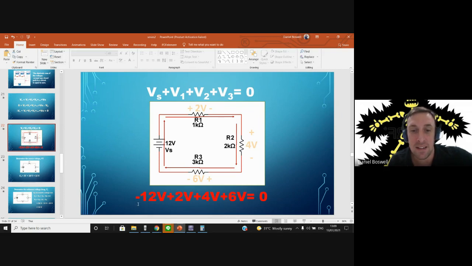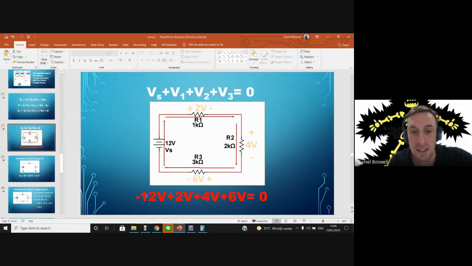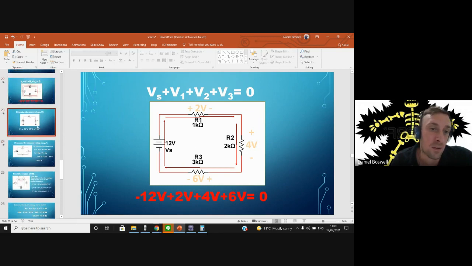If we use our calculator here, easiest way to find it out, we just do minus 12, then add 2, 4, and 6. 6 add 4, add 2 is 12. Minus 12, add 12 will bring us to 0. So in that case, we know what our supply voltage is.